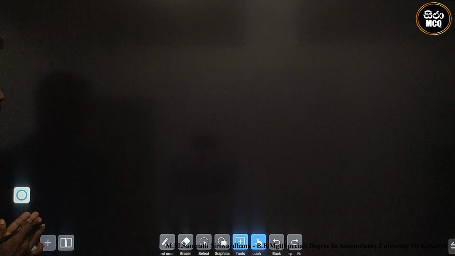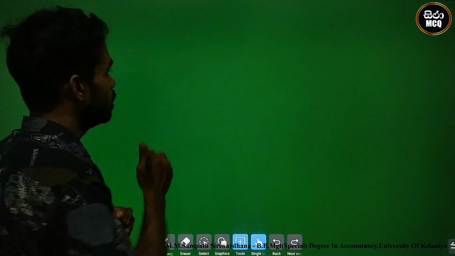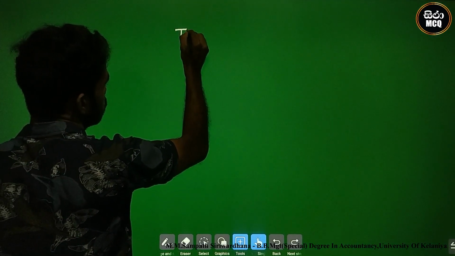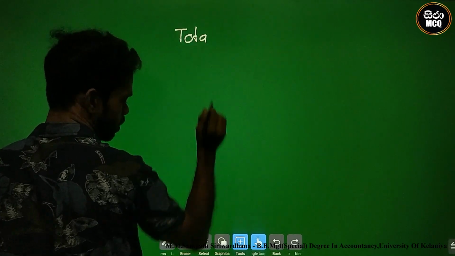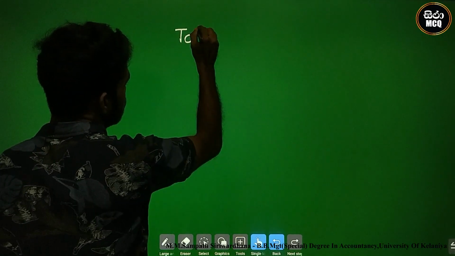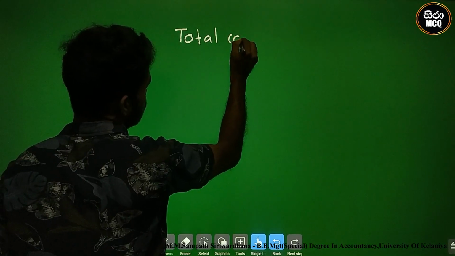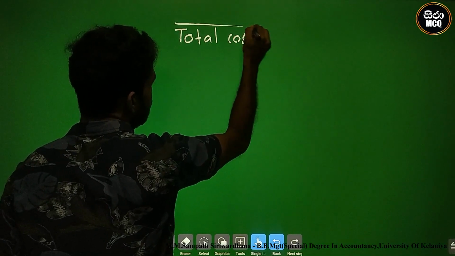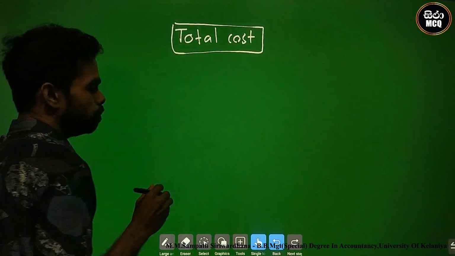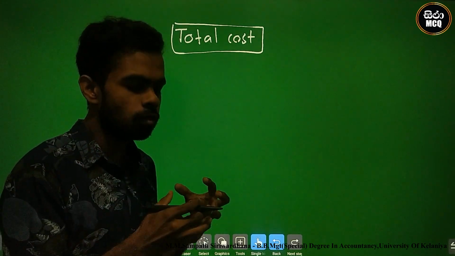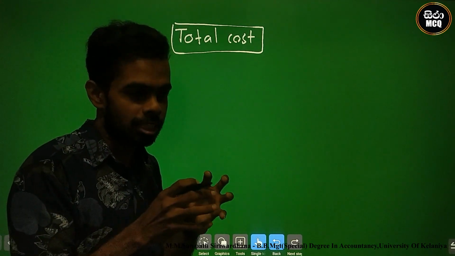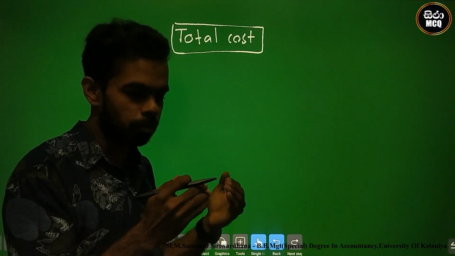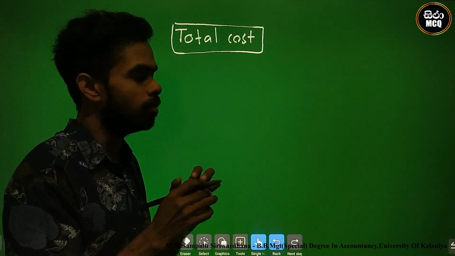Therefore, I first classify the total cost. Look here, this is the total cost. Total cost is divided in two based on the relationship to production.